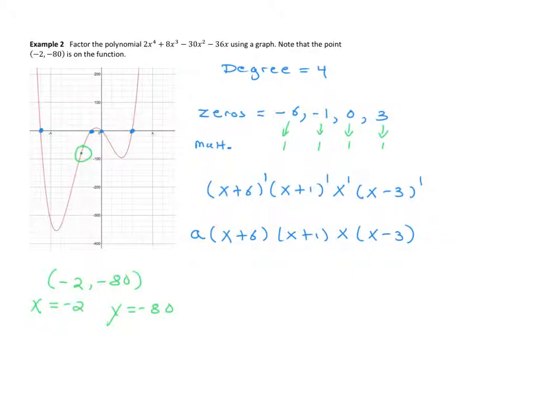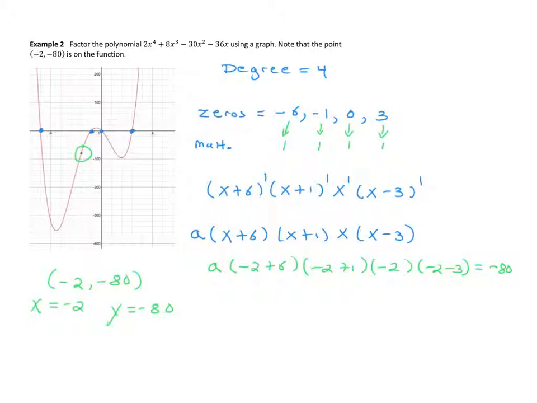So I have a times (-2 plus 6) times (-2 plus 1) times (-2) times (-2 minus 3). That should equal -80. This will allow us to solve for a, which we can then put back into our equation.